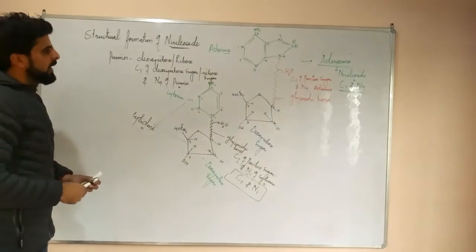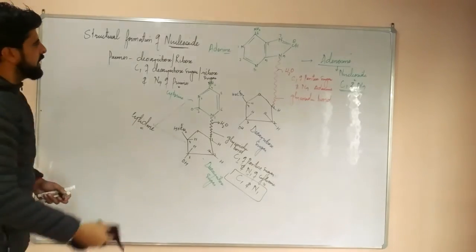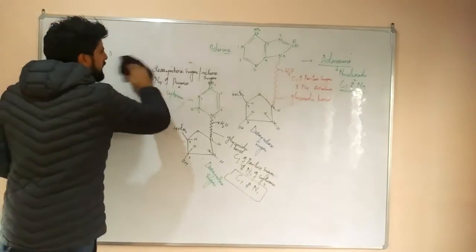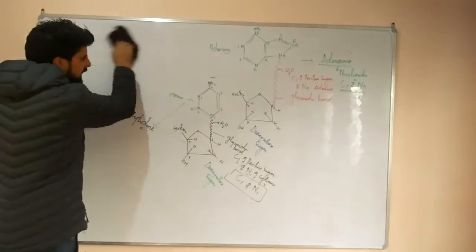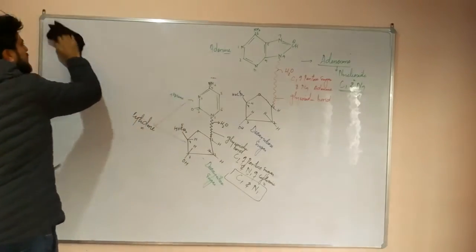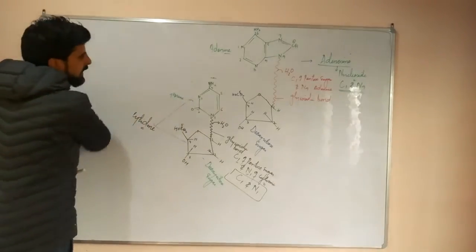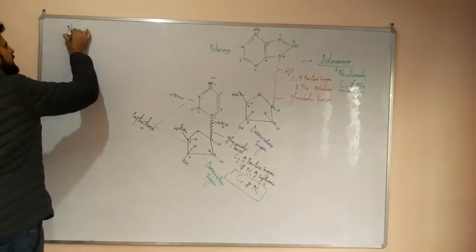Now we will discuss nucleotide formation, how nucleotides are formed. We have the structures here, and I will use these structures for making a nucleotide as well. Whenever we study nucleotide formation, we are building on the nucleoside.